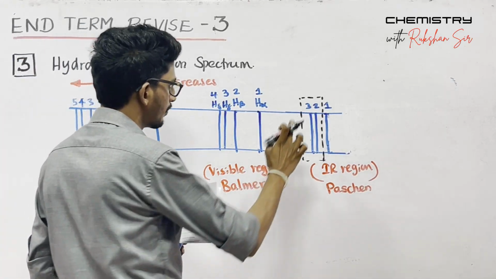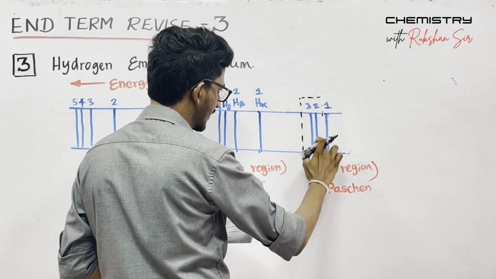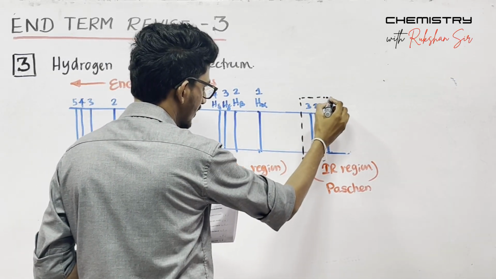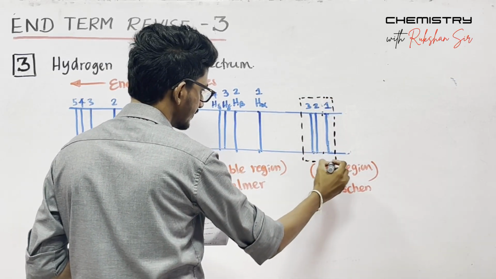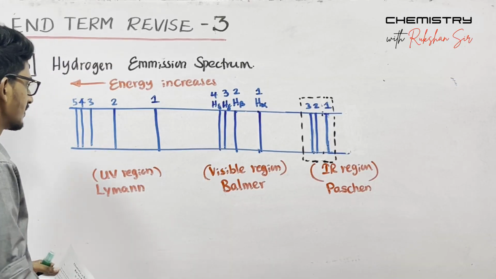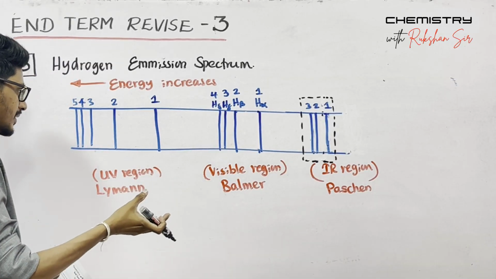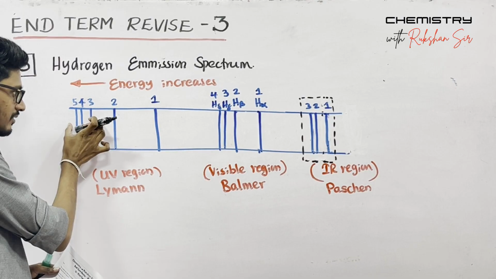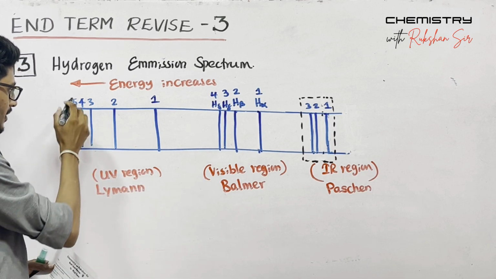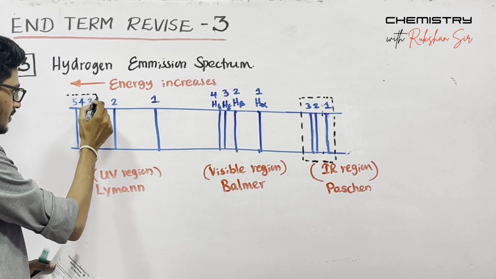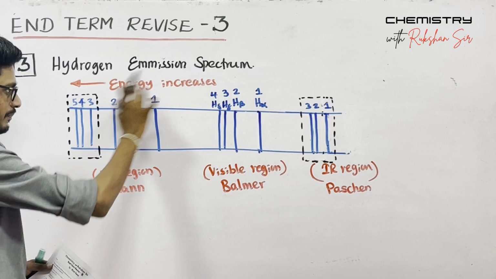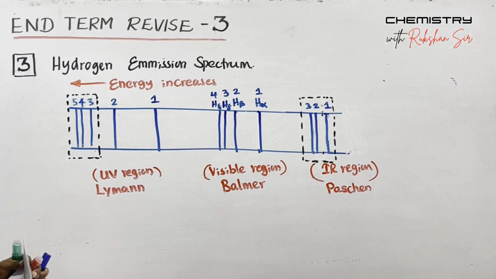Just take the whole Paschen series and you would get the idea clearly. To draw the Paschen series, just take the third line of the Lyman series and copy paste it at the IR region. That is what we are doing. This is the region we copied and pasted at the IR region.